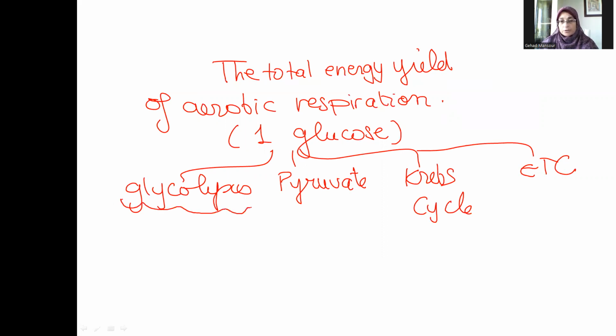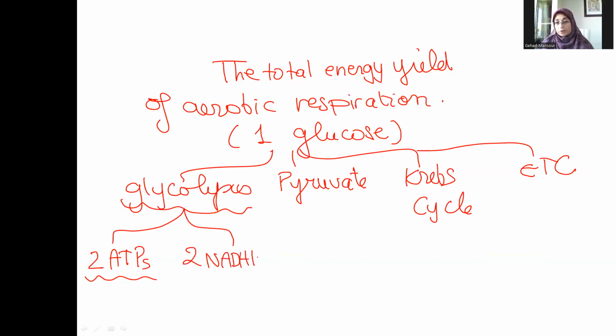So in glycolysis, we had two ATP molecules that were obtained directly. This was the net yield of glycolysis, and then by direct substrate phosphorylation, and then we had 2 molecules of reduced NAD as a final product of glycolysis that gave 6 ATPs indirectly.